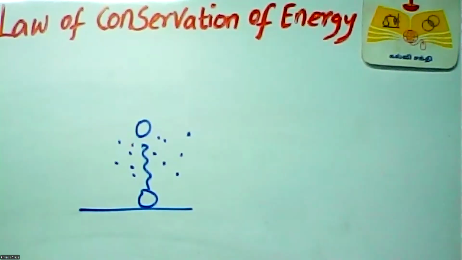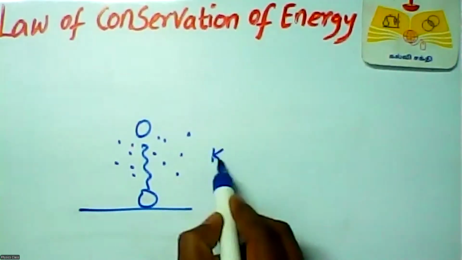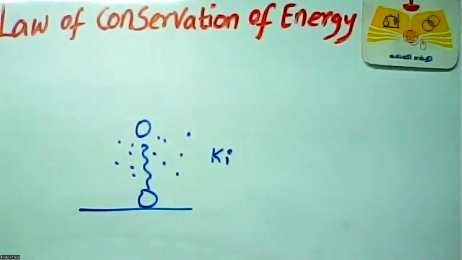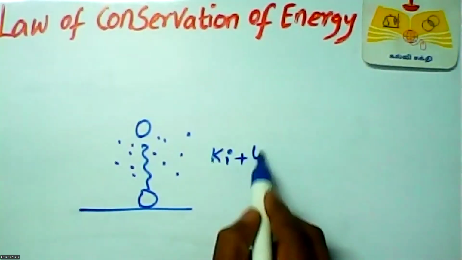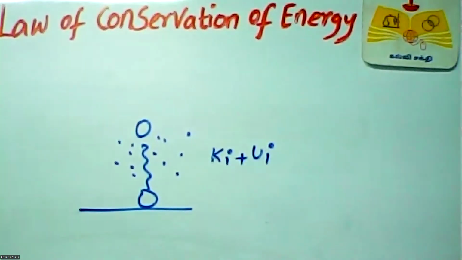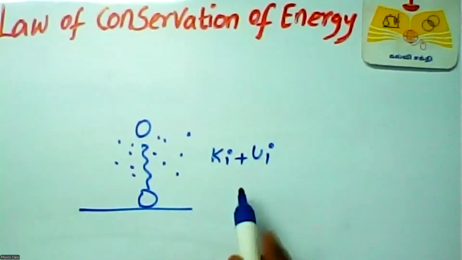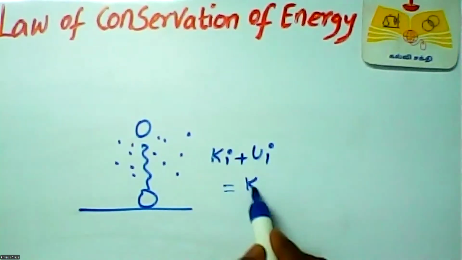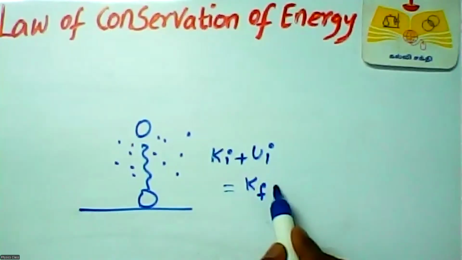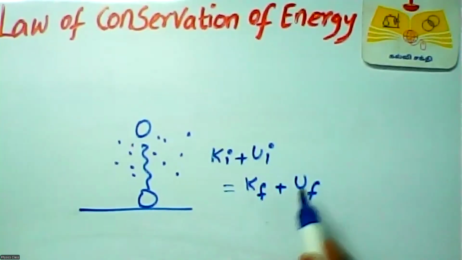So initial kinetic energy and initial potential energy, which I can combine, equal final kinetic energy plus final potential energy, because energy has not been destroyed.